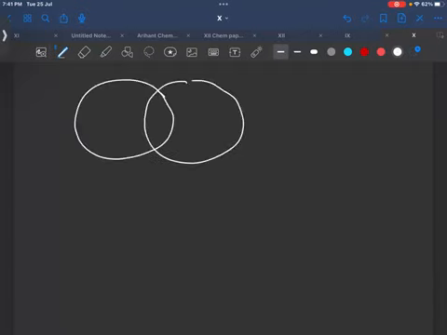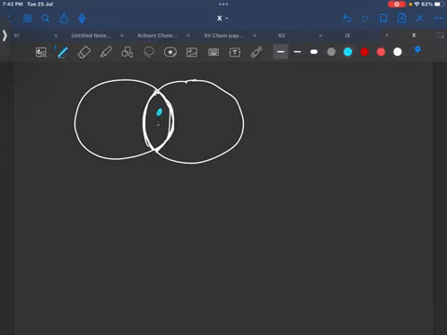The orbitals overlap. Orbit and orbital are different things, but for now it is fine, so let's say orbits overlap. This is the shared region, where the shared electrons are going to spend most of their time.